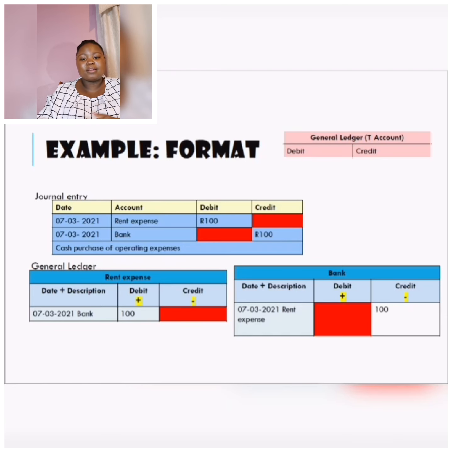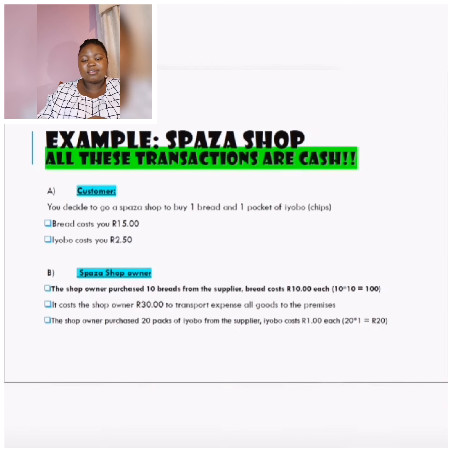If you paid rent for that month, it will reflect the rent under your rent expense. I put it this way so you can understand debit and credit, but it is actually a T account. That's why I put it on top, so you can see the proper format of it. This was just for you to understand debit and credit much more easily.